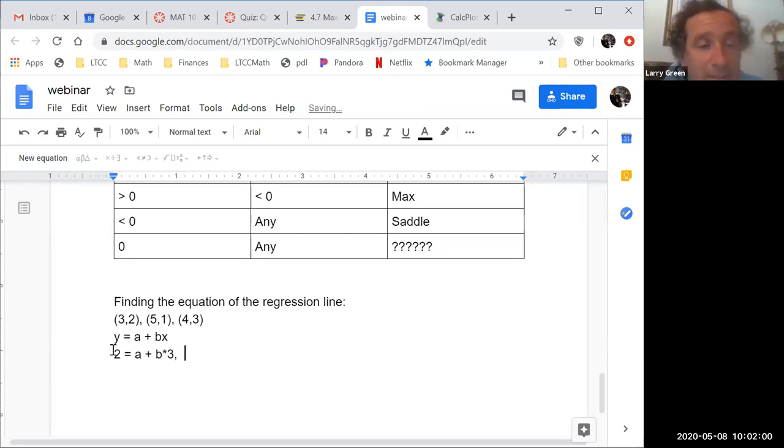And if you plug in (5, 1), you get 1 is equal to a plus b times 5. And if you plug in (4, 3), then you get 3 equals a plus b times 4. Any questions on that?